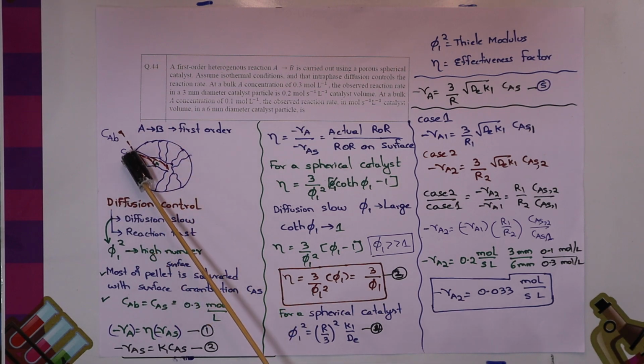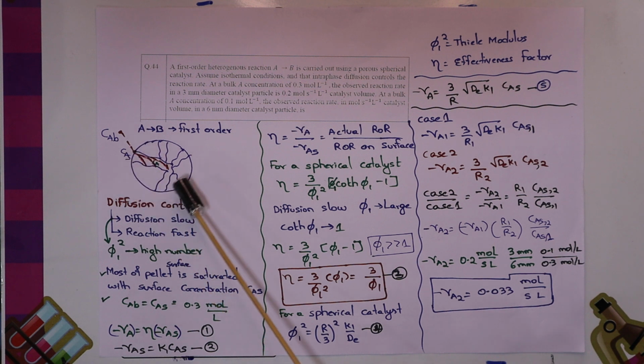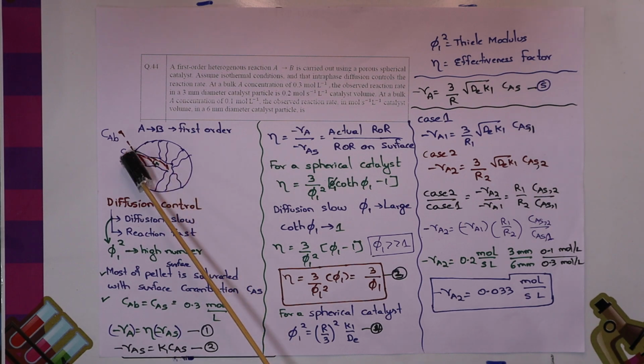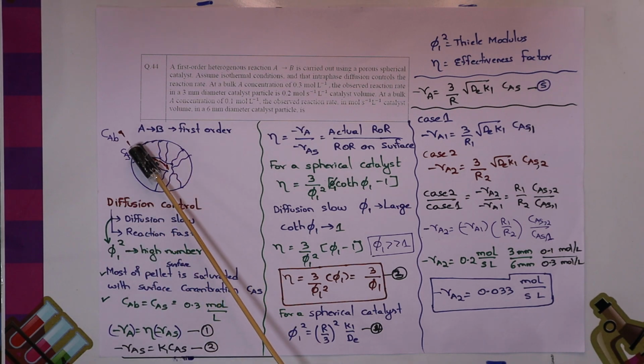Surface concentration is high, so the speed of the reaction at the surface is high compared to the interior, because in the interior the concentration of reactant is very low, as A is slowly going into the catalyst. So how do we relate the surface rate with the actual rate?